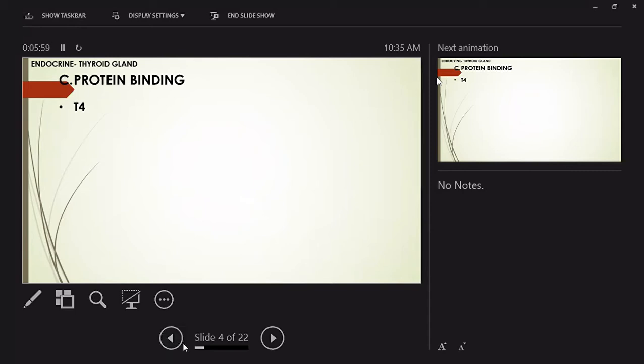Okay, protein binding. T4 is 99.95% protein bound and inactive.